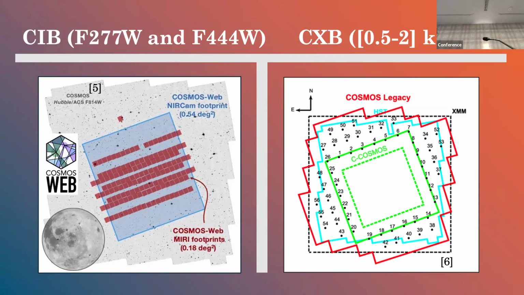And mind you, with JWST, the Spitzer limiting flux, which was used to calculate the previous angular power spectrum of the CIB, has a limiting AB magnitude of 25, and we all know that JWST goes 4 orders of magnitude below that.